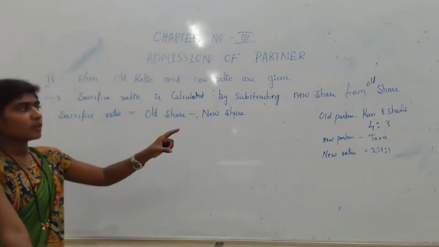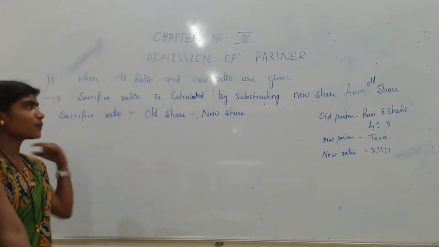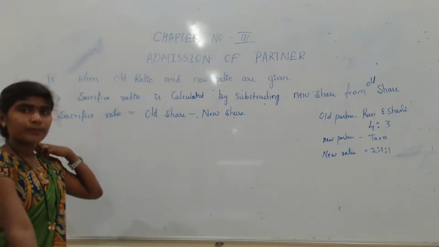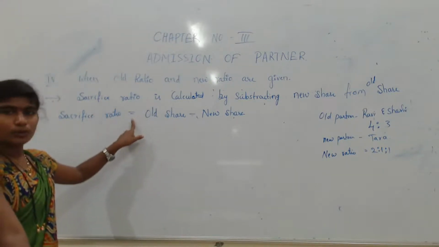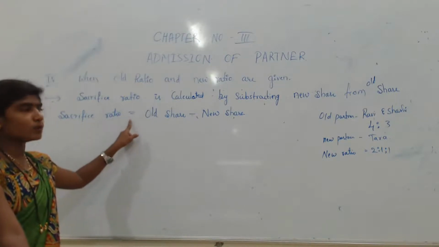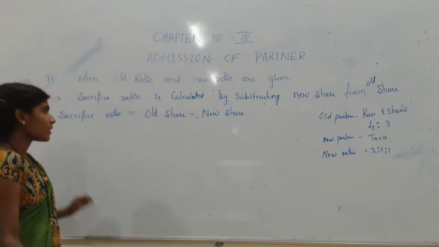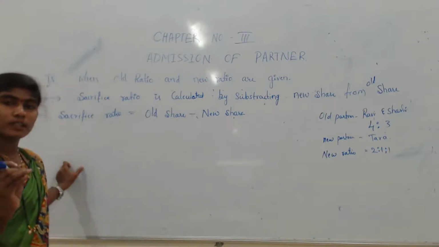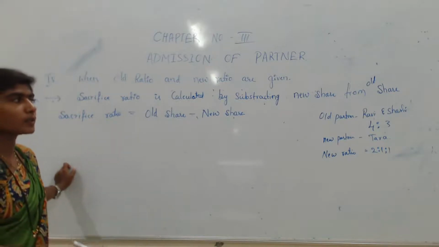Then apply the fourth case. What is the fourth case solution? Sacrifice share, or sacrifice ratio, is equal to old share minus new share. So first we calculate the sacrifice ratio for the old partners. Who is the first old partner? Ravi.